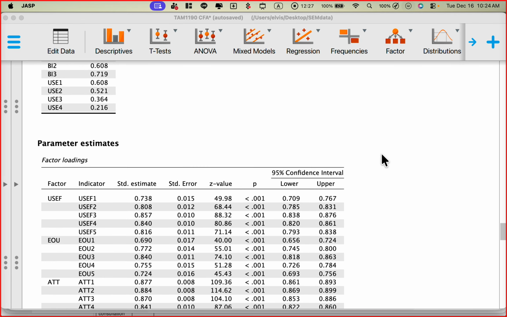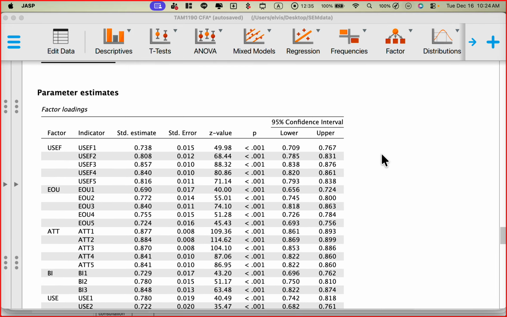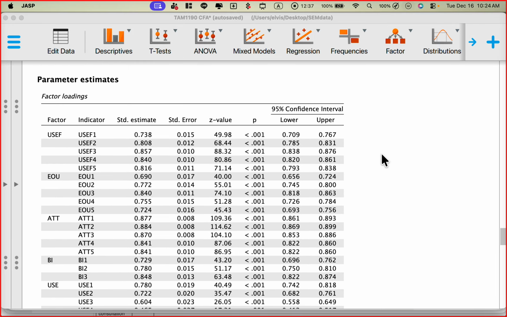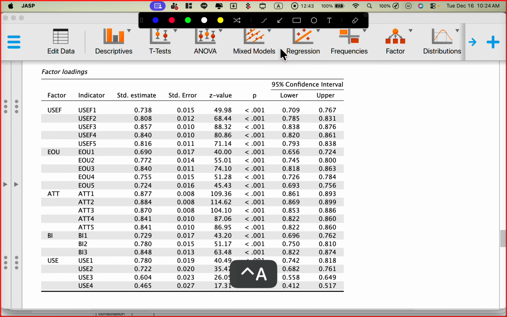Okay. For the convergent validity, we can check the factor loading here, one by one. For example, perceived usefulness, all standardized estimates, all factor loadings.